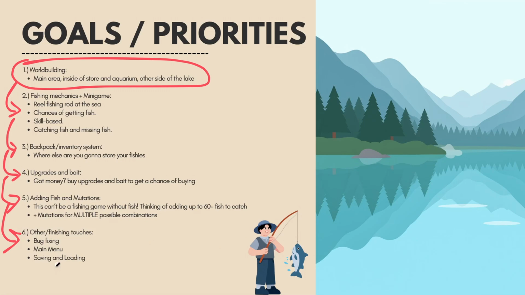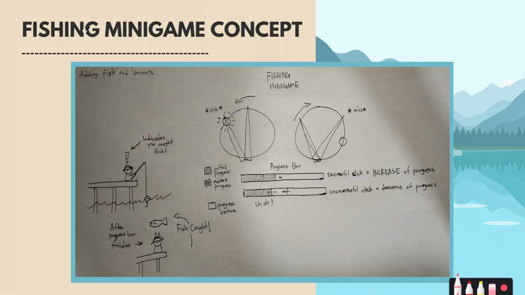Now let's move on to the fishing minigame concept. So you can see here, whenever you catch a fish, an exclamation point will pop out that indicates you caught a fish. And then the fishing minigame will pop up. You have your circle, an arrow, a little circle, and the progress bar.